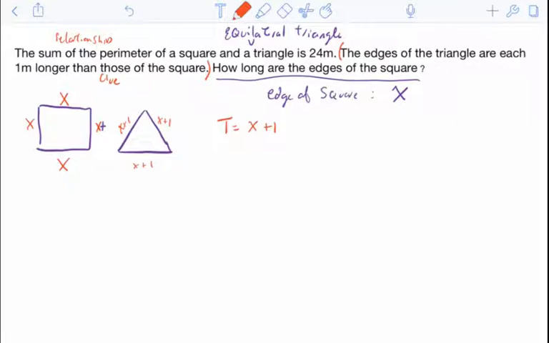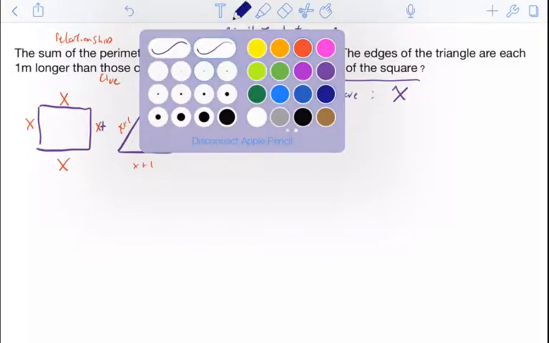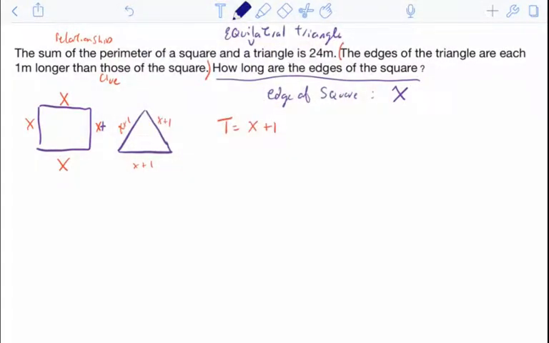All right, well, that covers my clue. Now I've got to make my model. I have to represent the relationship algebraically. So it says the sum of the perimeter of the square and an equilateral triangle is 24 meters. Okay, so sum means add together. Perimeter means that you add up all the lengths on the outsides.